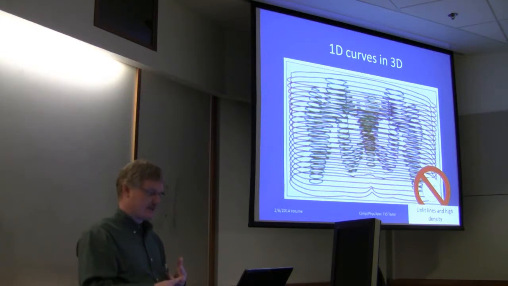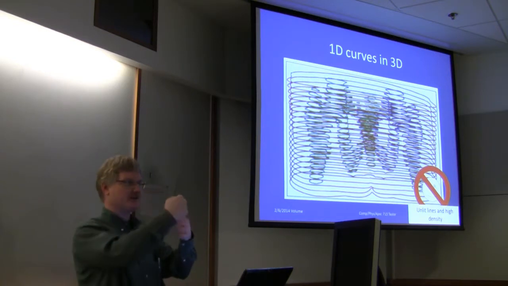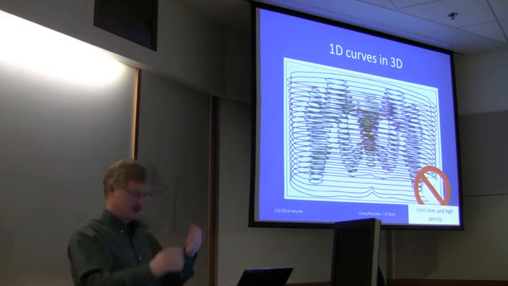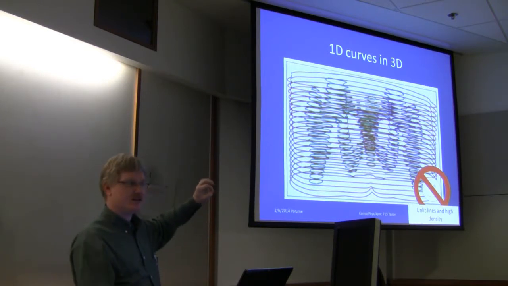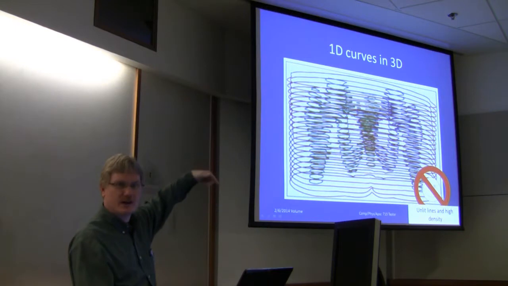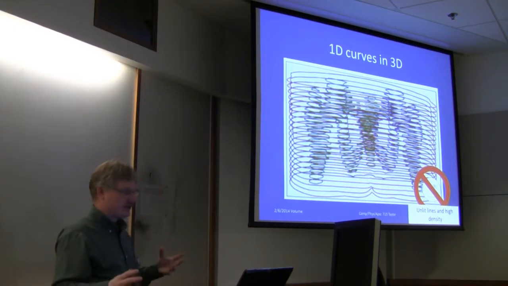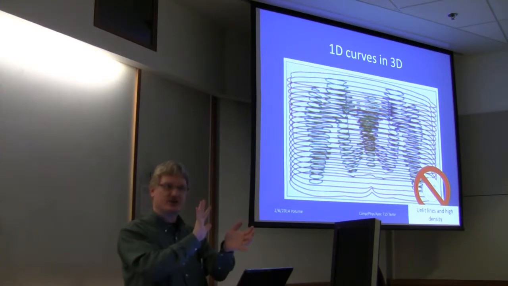A couple things happen here. One is these lines are unlit, so no matter which way they're facing, they don't get brighter or darker, right? And there's high density in these lines, so they're very much overlapping, and we can't get an idea of which ones correspond to which as they go around. It turns out that if you had normals to change the lighting, this would give you a better shape.